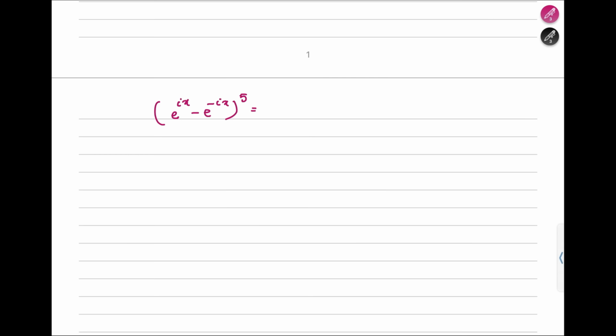What does the binomial theorem formula say? (e to the power of ix) whole to the power of 5. Because it is minus here, we will be alternately using plus and minus as per the given equation, or else you can use the plus sign and put minus in the brackets.